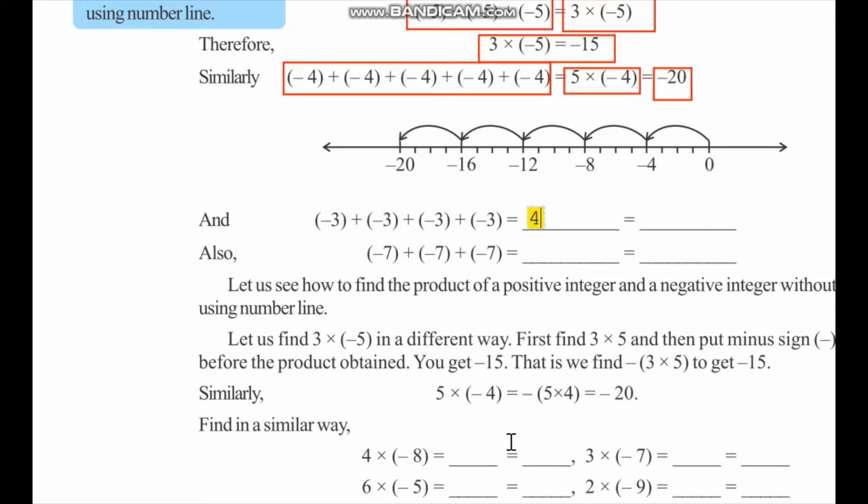So we will write that first and then we will write the integer next. Okay. So the answer to this is minus 12. The next one, we have to count it. There is 3 minus 7s. So this is nothing but 3 times minus 7. And the answer to this is minus 21.